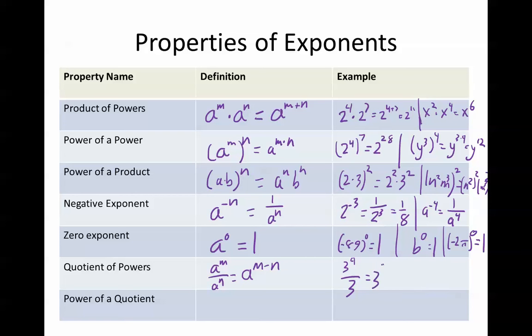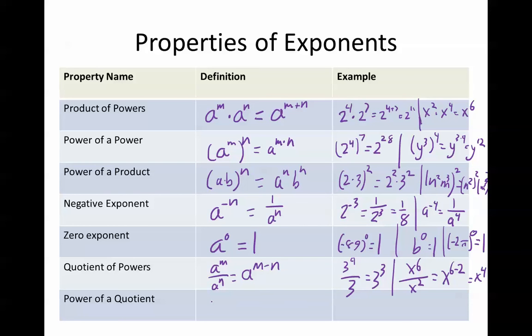This would be 3 cubed as my solution. Or if I had x to the 6th over x squared, that would be x to the 6 minus 2, which is x to the 4th. Notice I'm not dividing 6 and 2. I'm dividing the x's, which means I subtract the exponents.